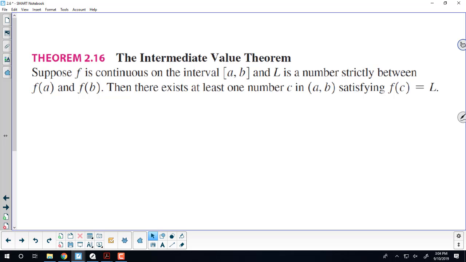L is some number between these two y values, f(a) and f(b). If there's some number in between f(a) and f(b), then there is at least one number c in [a, b] so that f(c) gives me that L value, or that number on the y-axis.